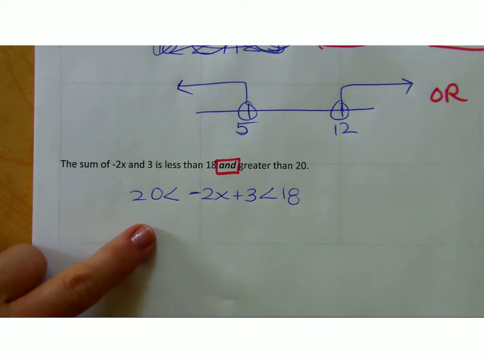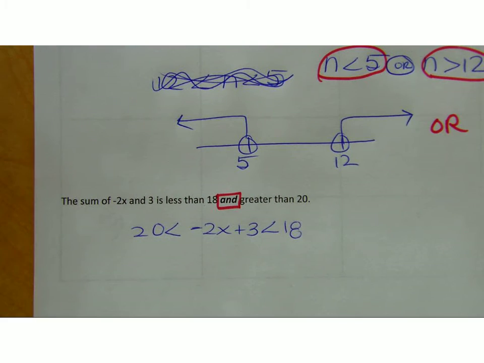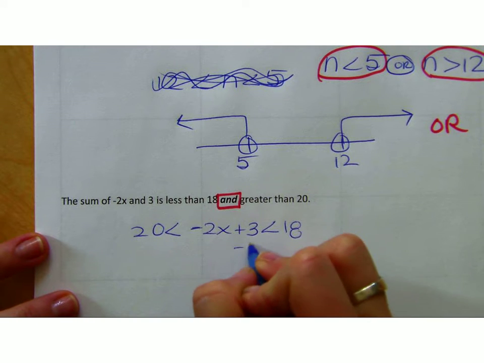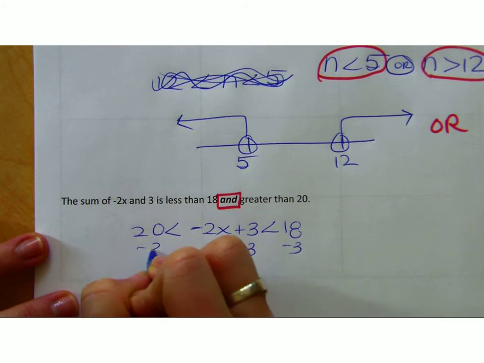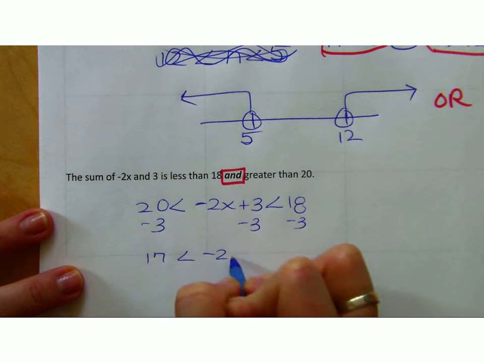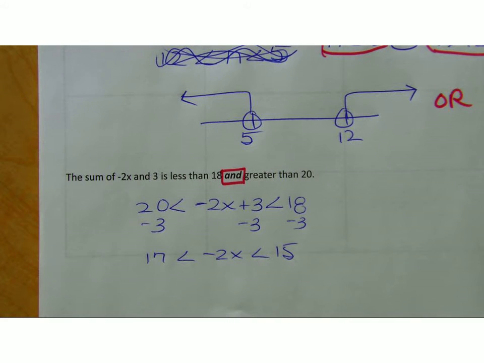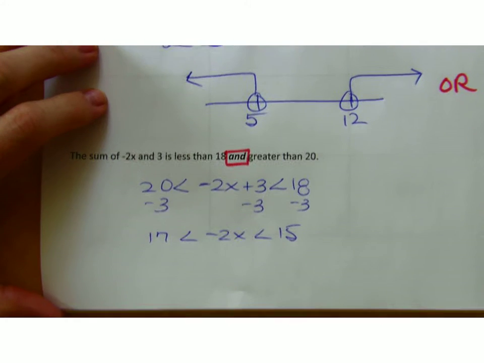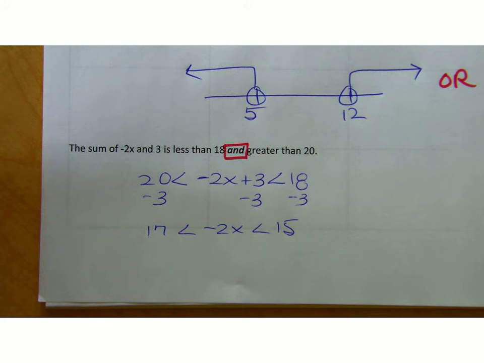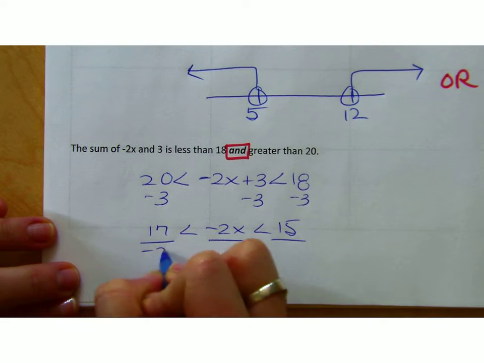So this one's a little step above these two because I didn't come right out and give it to you. I have you having to solve it now. So you're going to subtract 3 from all 3 sides. You're going to get 17 is less than negative 2x, which is less than 15. And now I'm going to divide all 3 sides by negative 2.